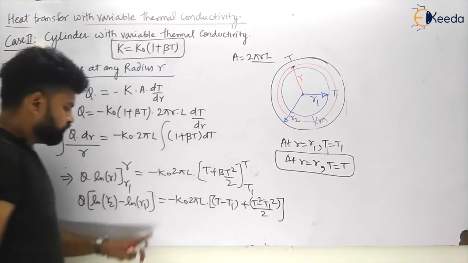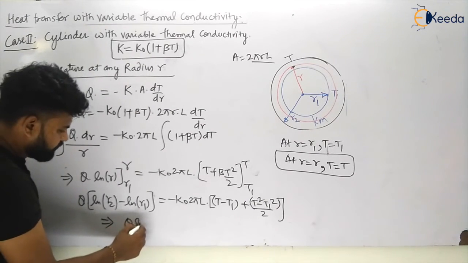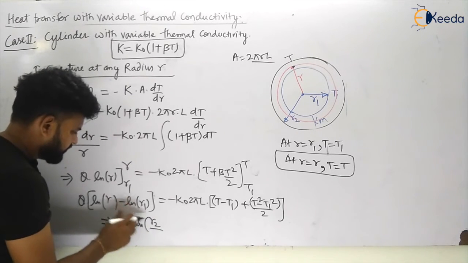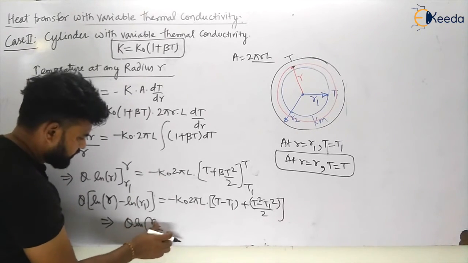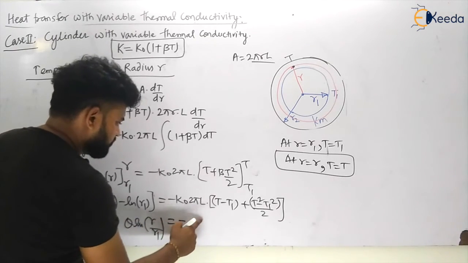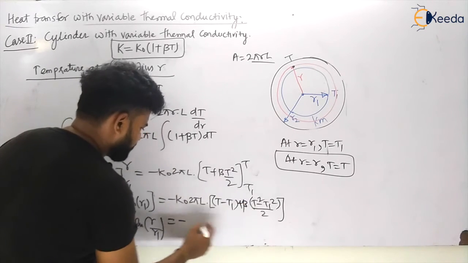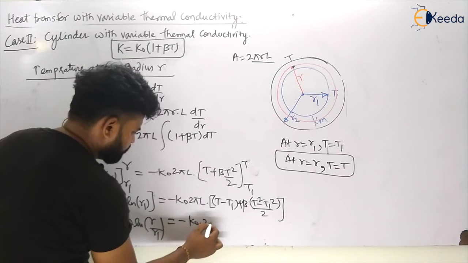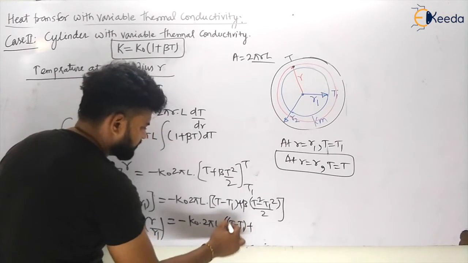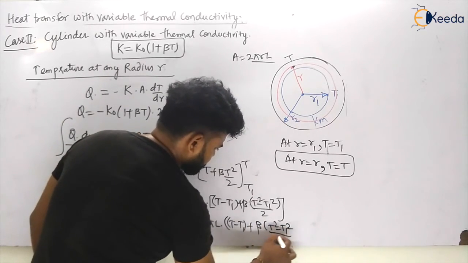From this equation, I can also modify it like this: Q ln of r by r1 is equal to minus K naught 2 pi L, my dear students, into T minus T1 plus beta times T square minus T1 square by 2.